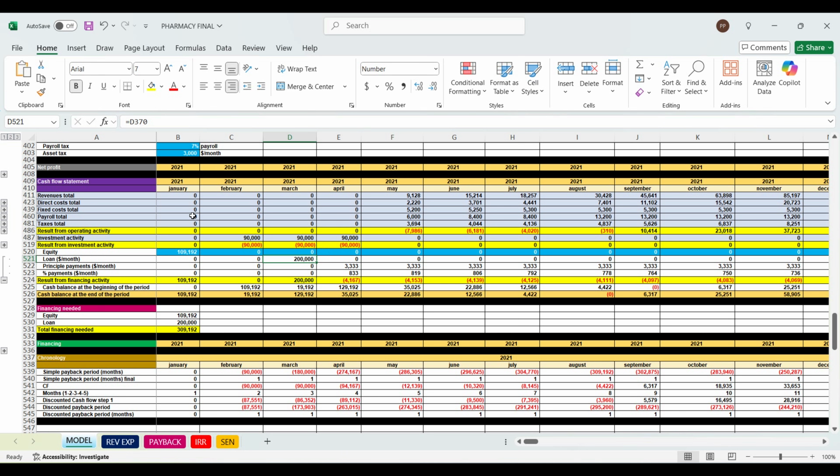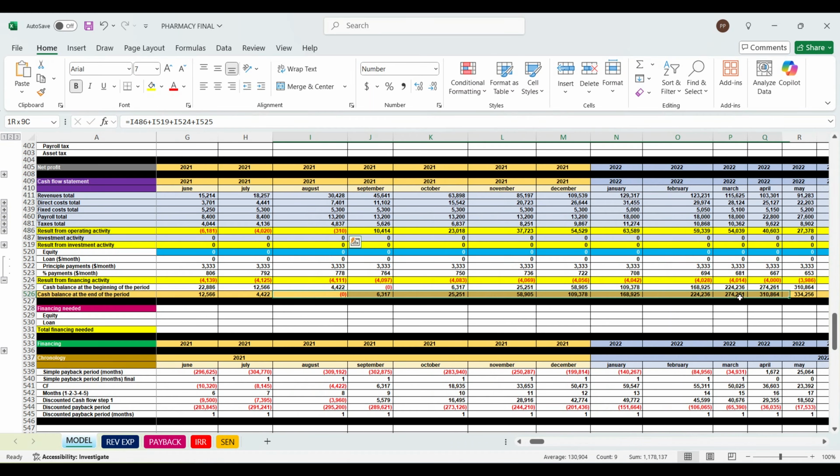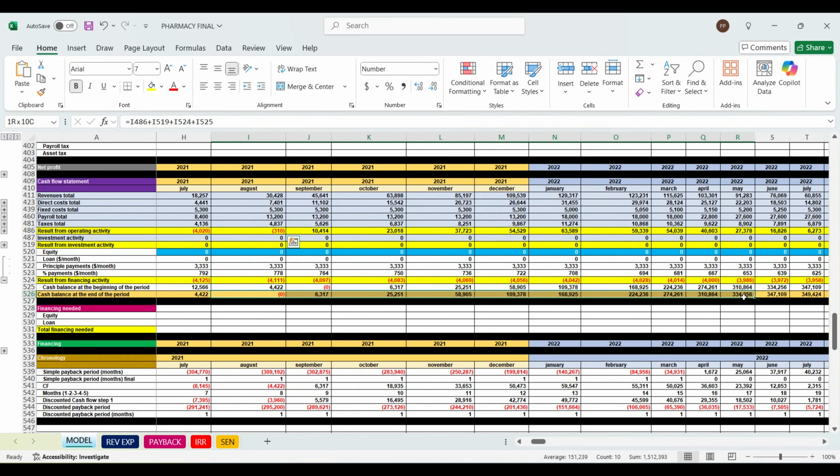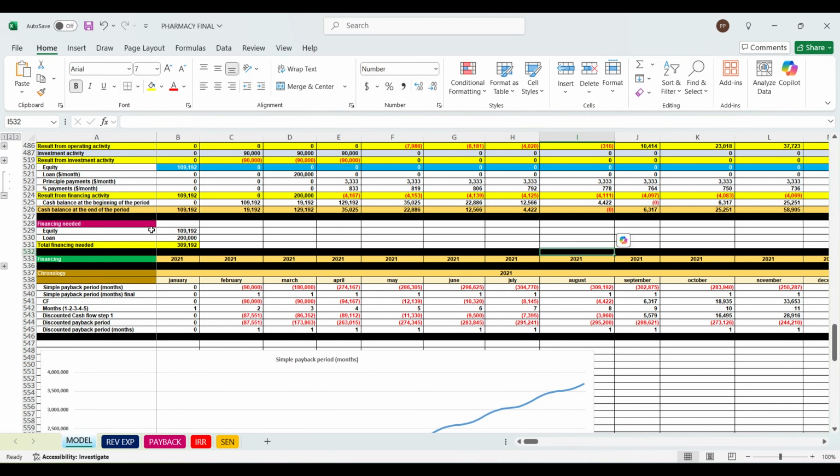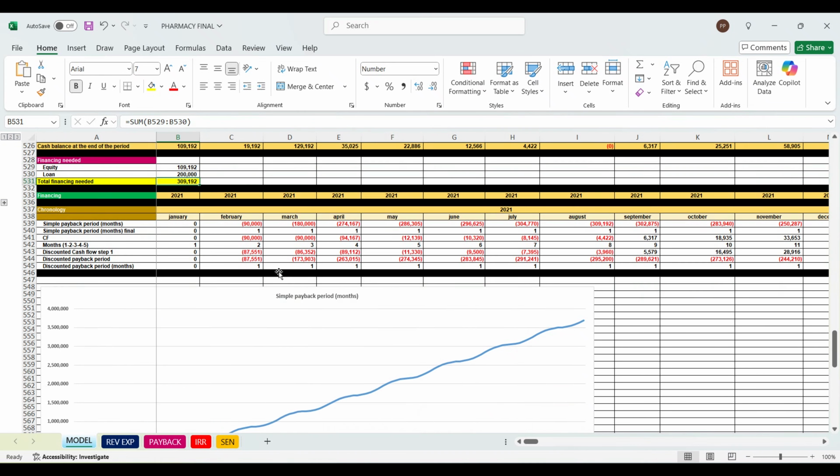So looking at the cash flow statement, we're able to see how much financing is needed, what type of financing is needed, when this financing is needed, and when this financing is going to be back. If we go further, we can see a simple table consisting of equity that we need, loan that we get, total financing needed.